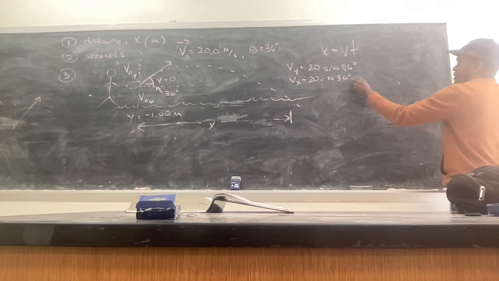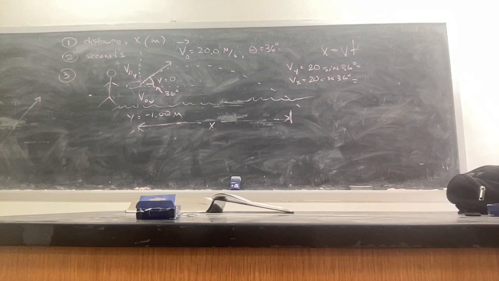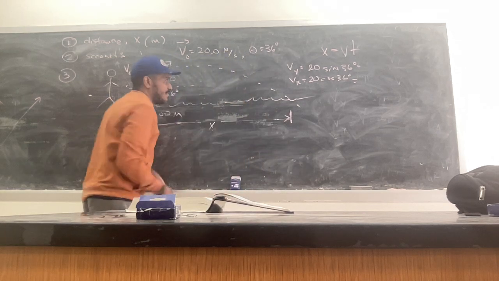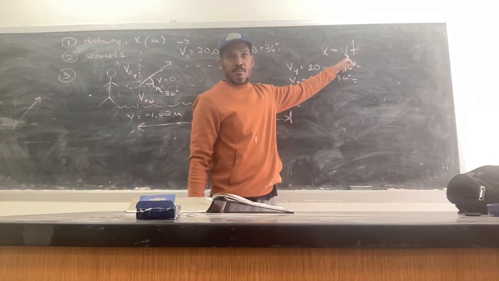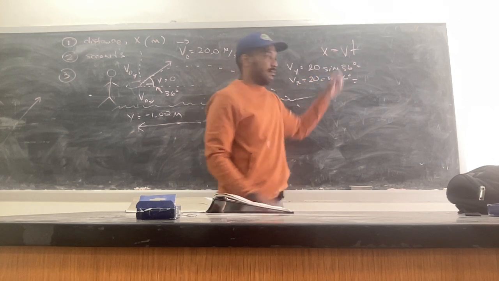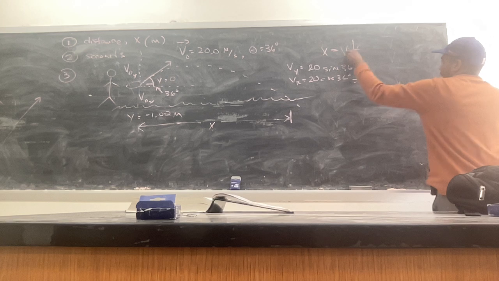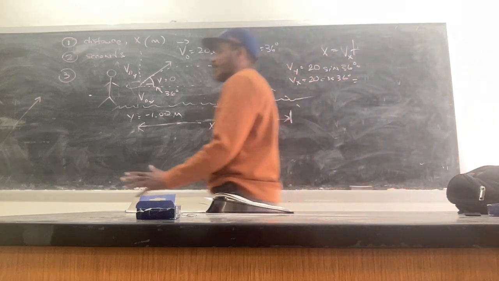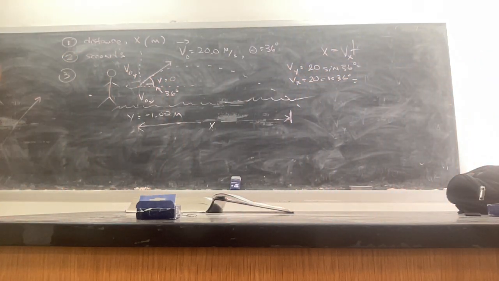So we got the initial speeds in the x and the y directions. To calculate the horizontal distance, we're gonna need which speed? The x. Because remember, in projectile motion, we break things up into x and y, and then we put it back together.